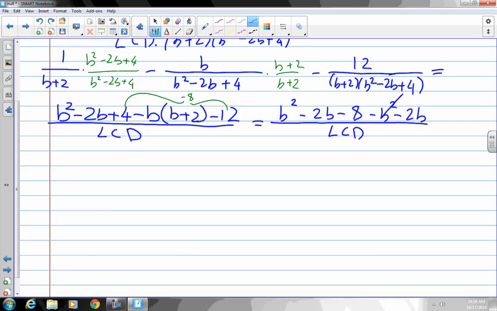So b squares cancel. Negative 2b minus another 2b is negative 4b minus 8 all over, well, let me write the LCD now.